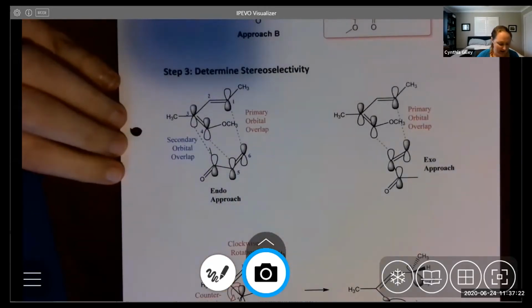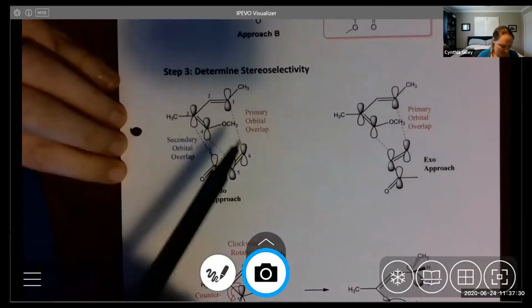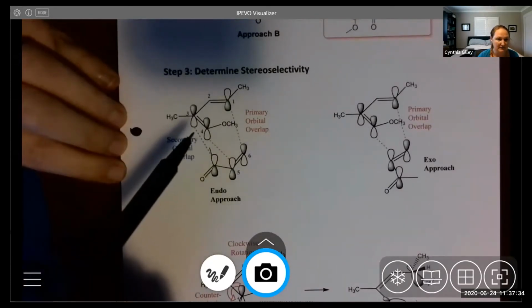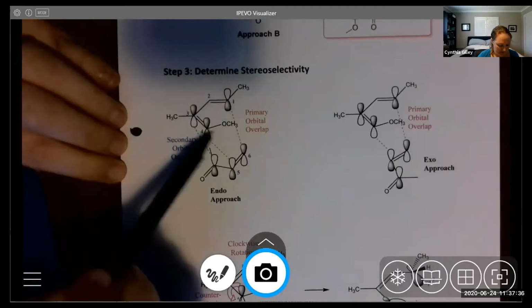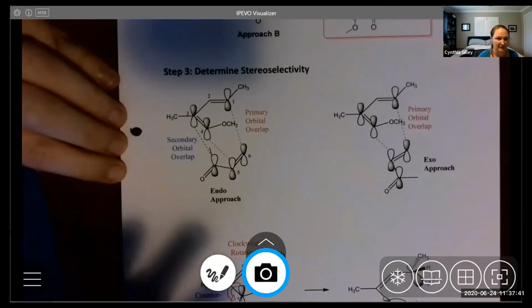Notice how I can draw an endo approach and an exo approach, even with these molecules. In the example before, the diene was part of a ring and didn't have any substituents. Now it's not part of a ring and has a lot of substituents. Totally fine. It's the same thing.